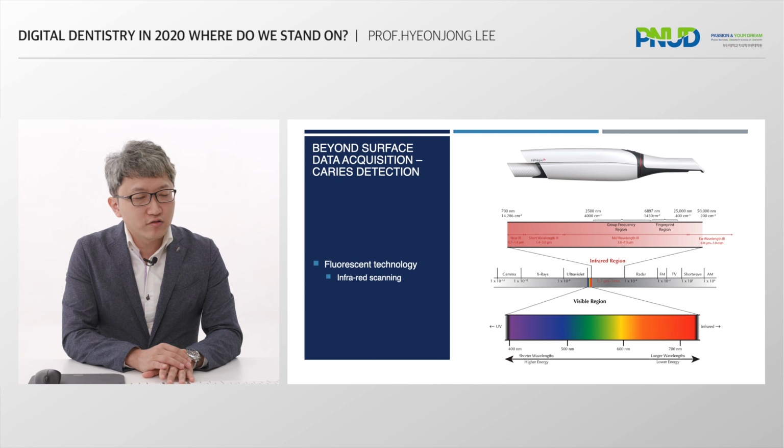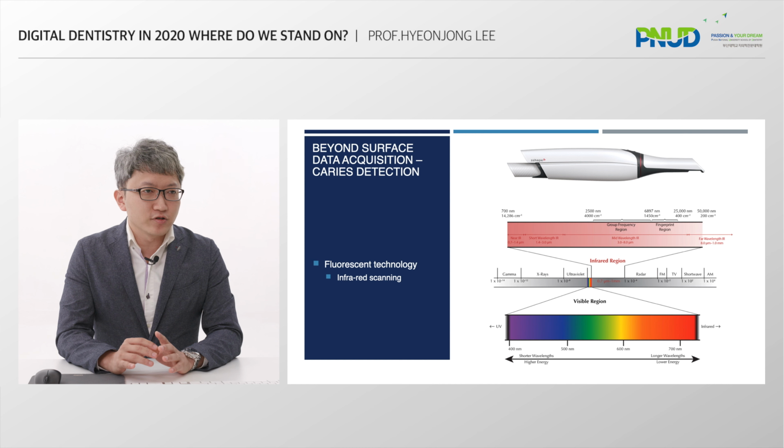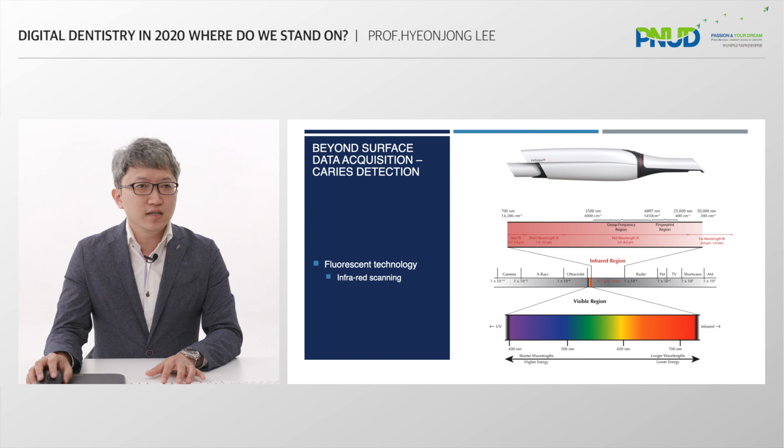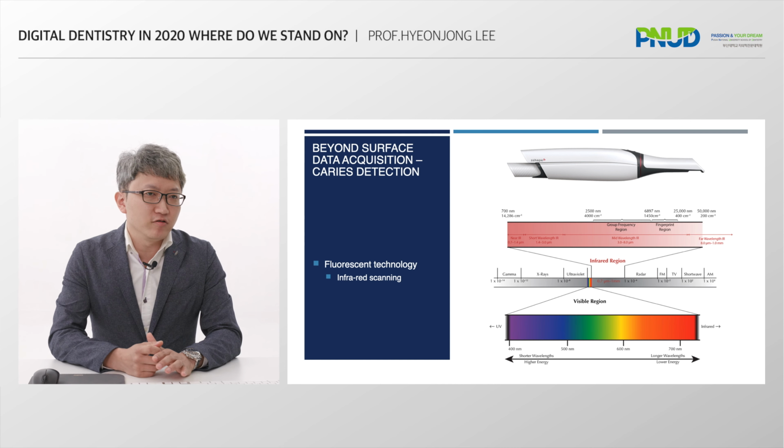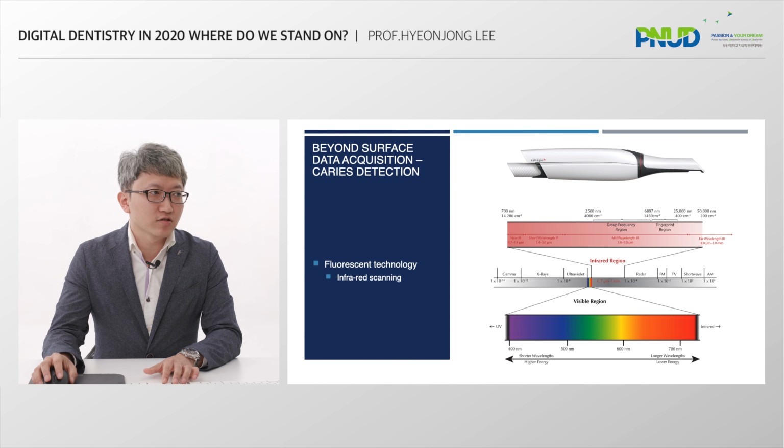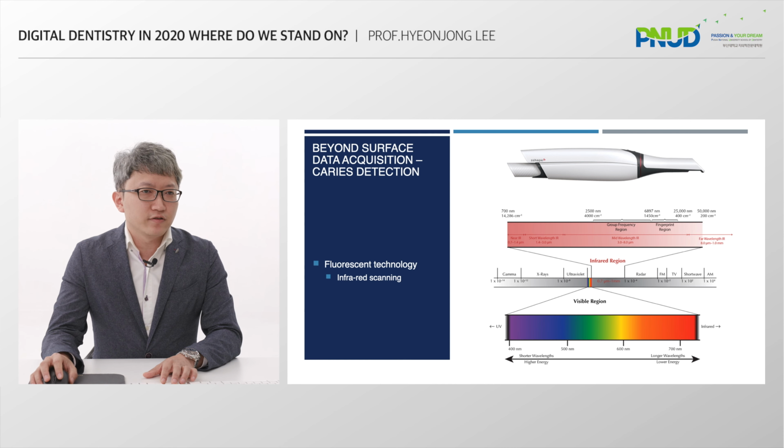So we need to know the origin of the light source. As you can see in this graph, the wavelength of infrared light is from 1 micron to 100 micron. And in digital dentistry, we use 1 micron to 1.5 micron light, which is used for research.